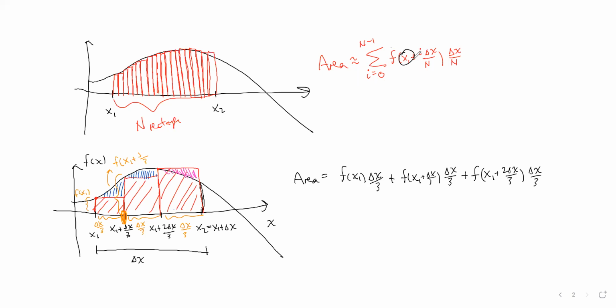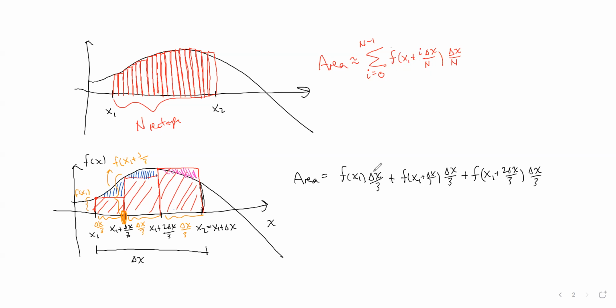But then I have i equals 1 when I jump over to the leftmost vertical side of the second rectangle. And so I end up adding on 1 plus delta x over n. For the next rectangle, I'm adding 2 plus delta x over n. And what this is really doing for me, it's evaluating the height of each rectangle, which is just the height of the function at the leftmost boundary of each rectangle.